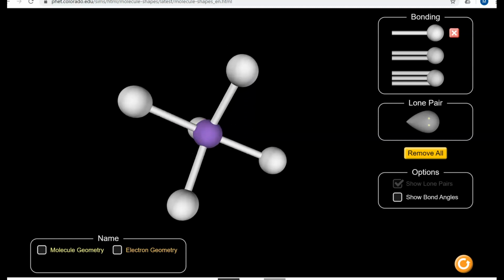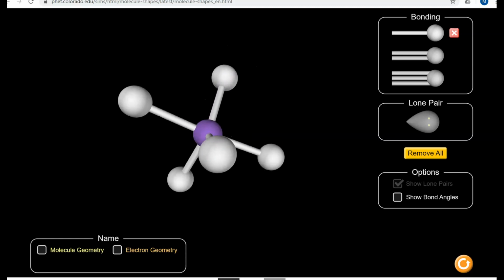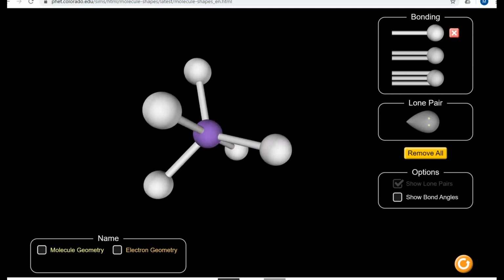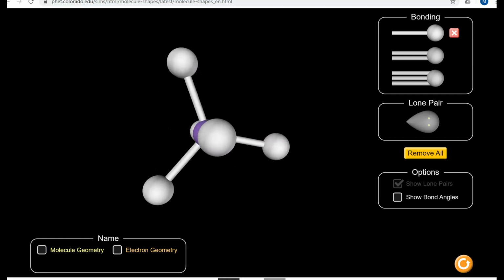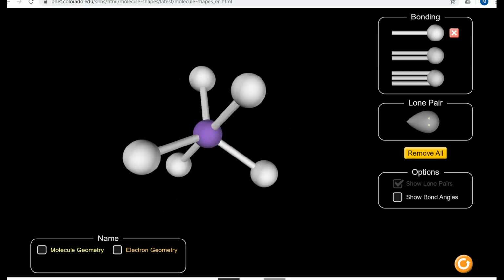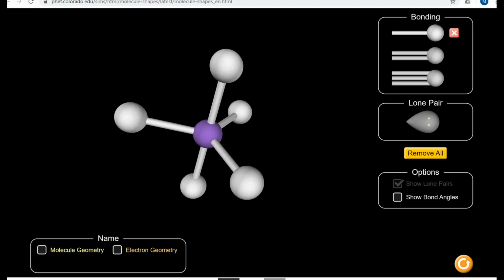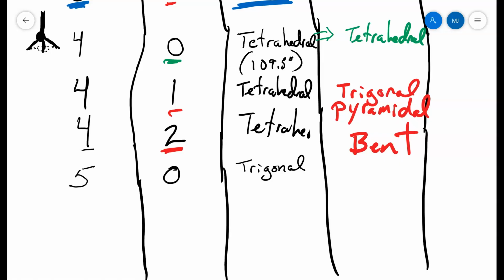If we just rotated those around. We've got a pyramid on top and we have a pyramid on bottom. And so the name is trigonal bipyramidal.